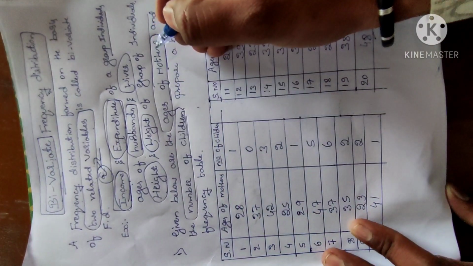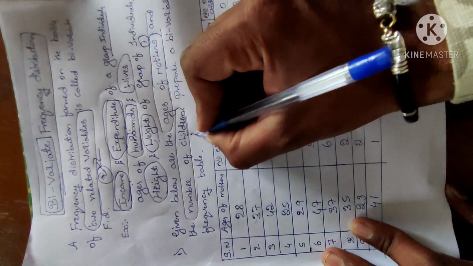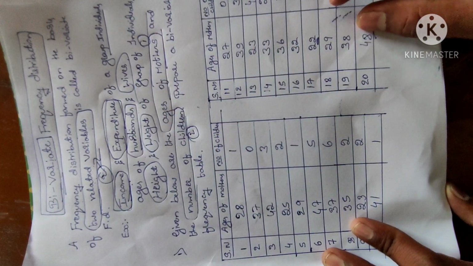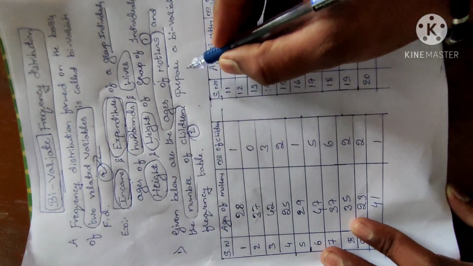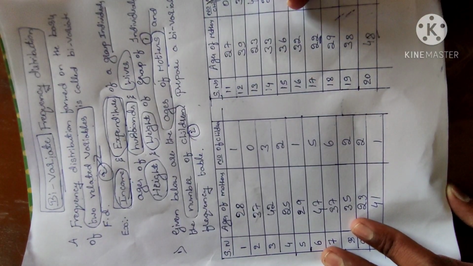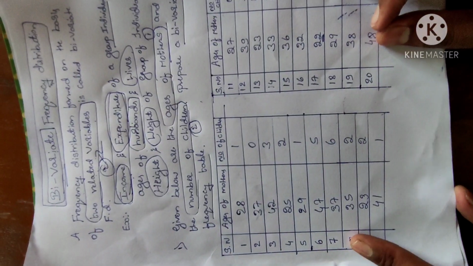When information on two variables is given, we can prepare a bivariate frequency distribution. Let us know about that.